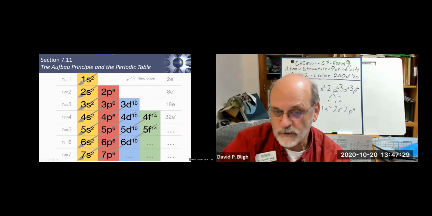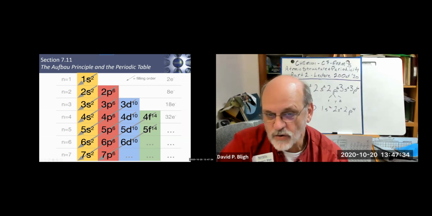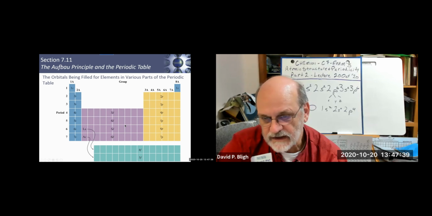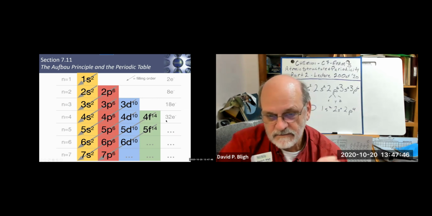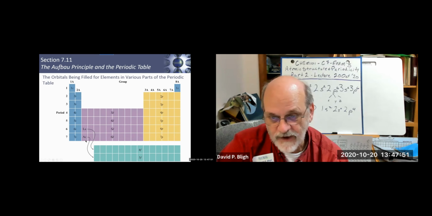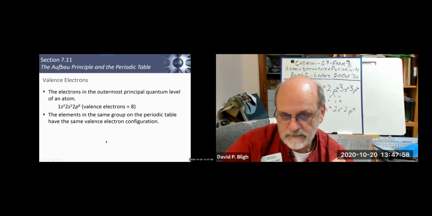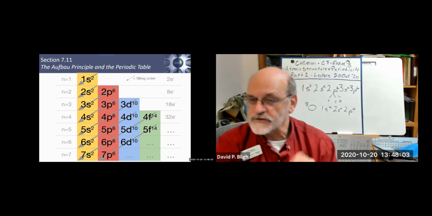Well, the diagram says from 4p, you go to 5s, and then you go back to 4d. So 4p, 5s, 4d, then 5p, and then where do you go from there? 5p, 6s, right? So we go from 5p to 6s, and then we go back up to 4f and start filling the f's.